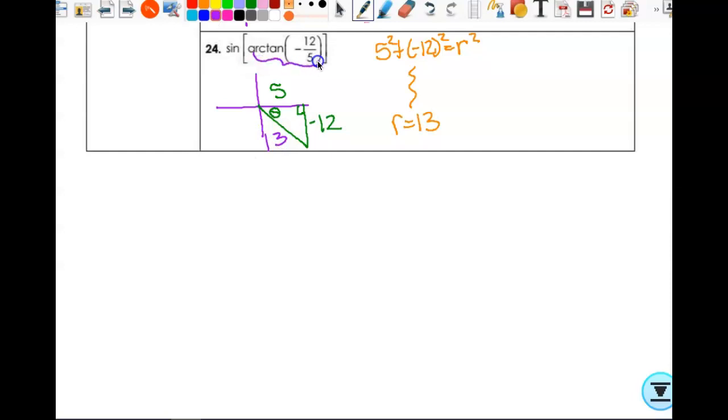Remember that this is your theta down here in the picture. So the sine of theta is going to be y over r, so that's negative 12 over 13. Okay. What questions do you have? Anything? All righty.